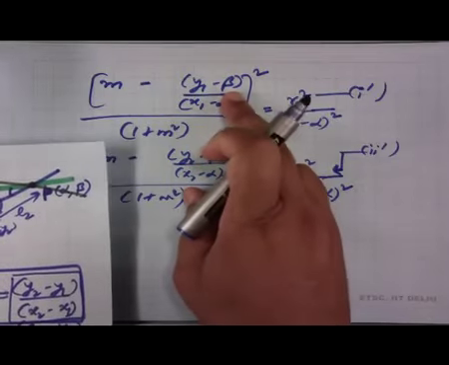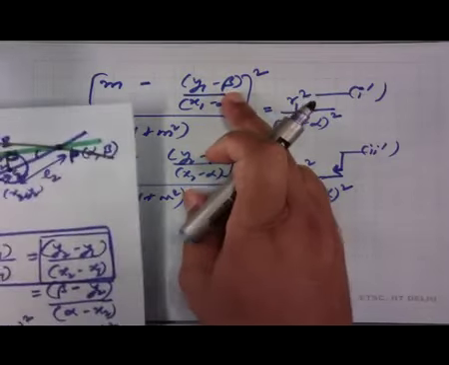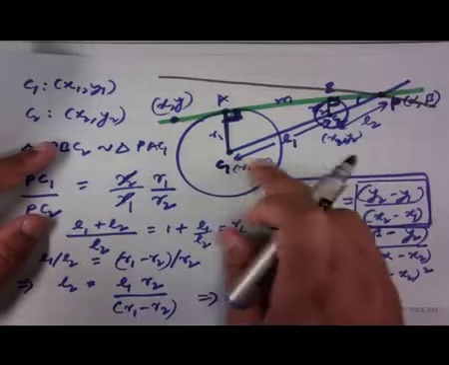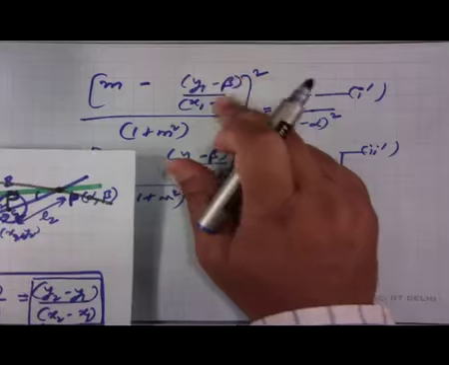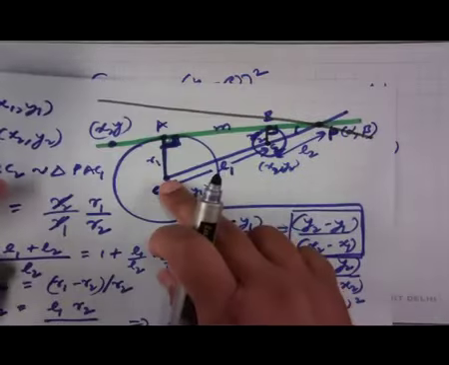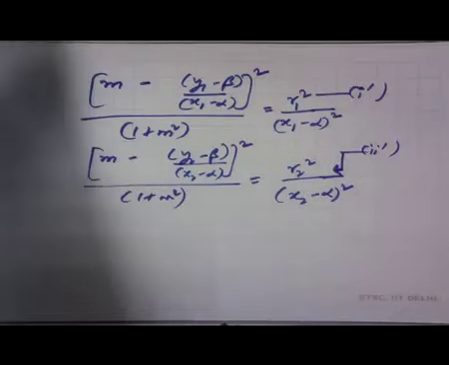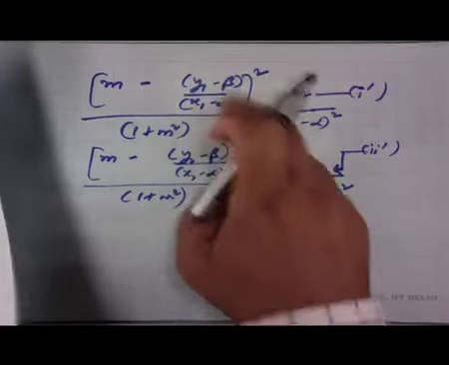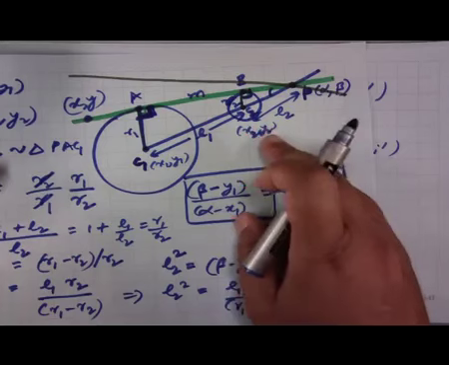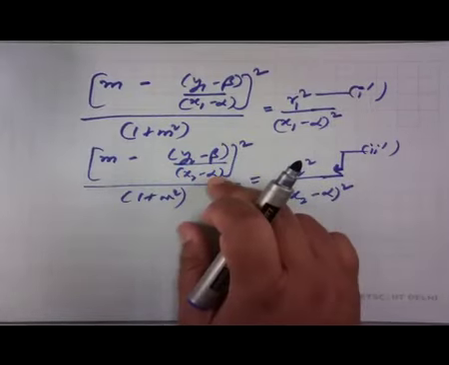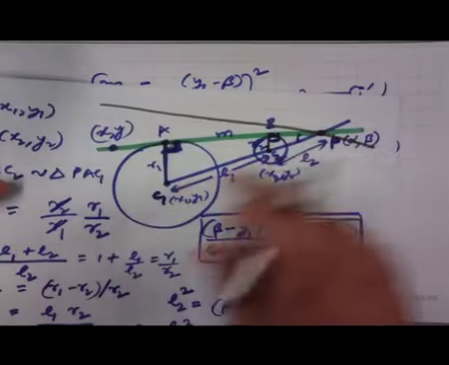So, we already know that y1 minus beta upon x1 minus alpha is nothing but the slope of this line joining the two centers of the circle, and similarly that slope is nothing but y2 minus beta by x2 minus alpha, because this is one and the same straight line.